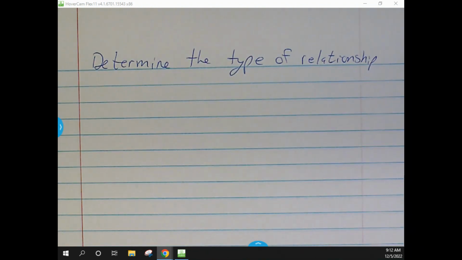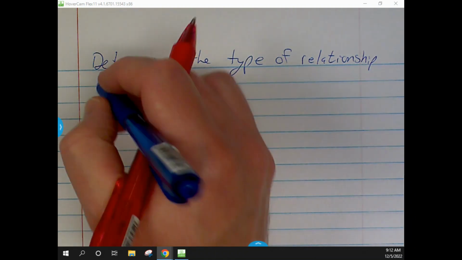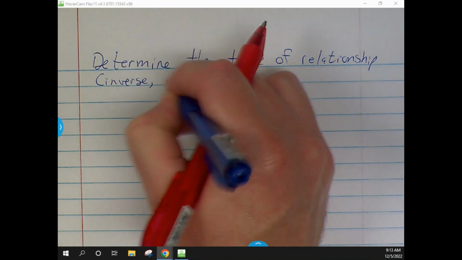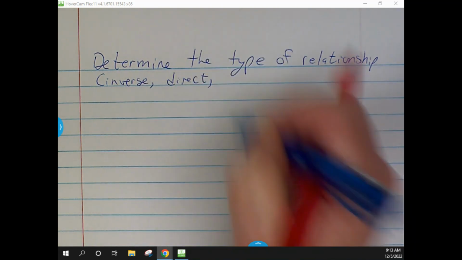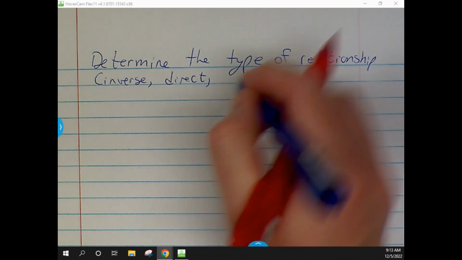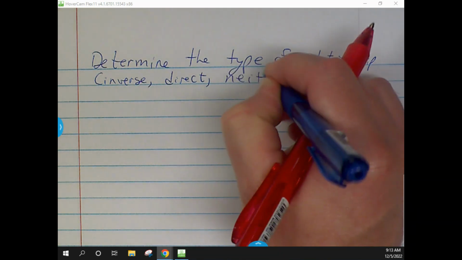So you're going to determine the type of relationship. It's either inverse, direct, or really it should be none, because it could be the third type we'll talk about in just a minute. But there's no way to really know. So it's either inverse, direct, or it's neither of those two.